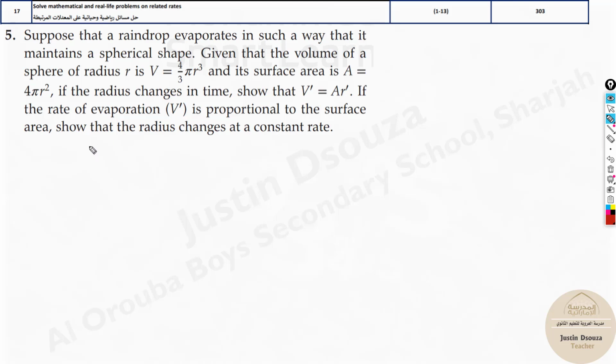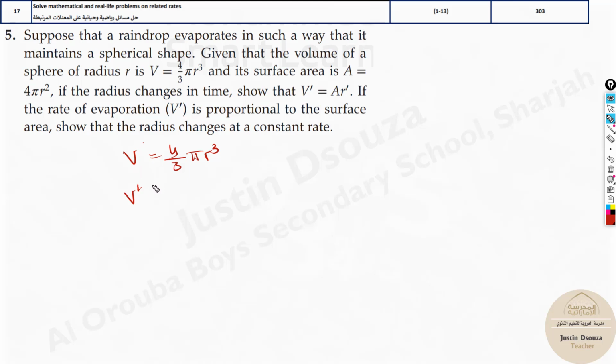So first, we need to show that this is equal to this, provided the area formula is given. So I will start deriving this because I need V dash. I have to derive this, otherwise there's no way I'll get it. So V equals 4 by 3 pi r cube. For your exam, please write the given, to find and everything, and also write with respect to time t.